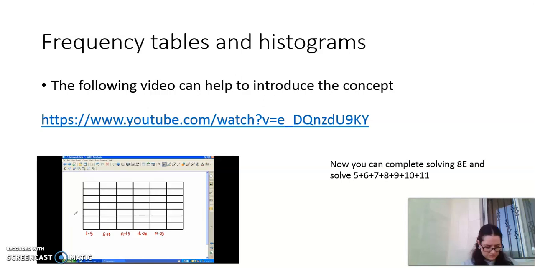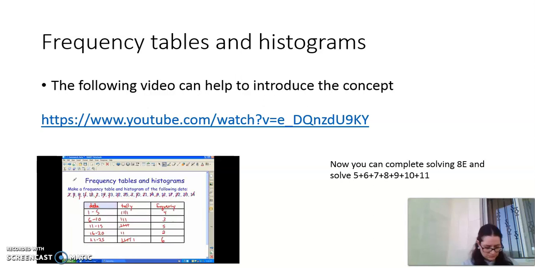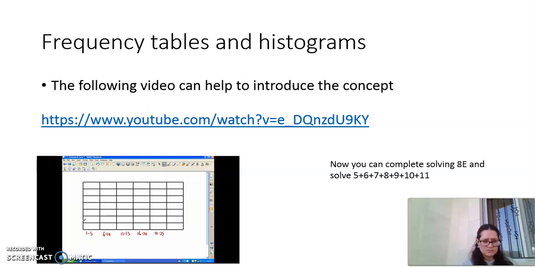Up the side, what I'm graphing on there is the frequencies. So I have to find my biggest frequency, which is 6, and on my graph I have to make sure I have enough room to get up to 6. So if I just count by ones here, that gives me plenty of room to get up to 6.